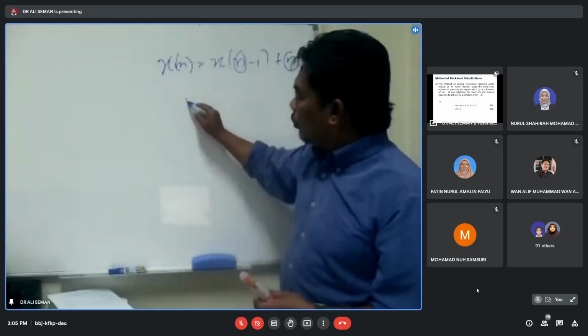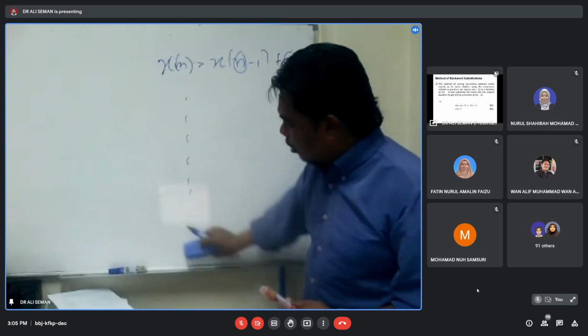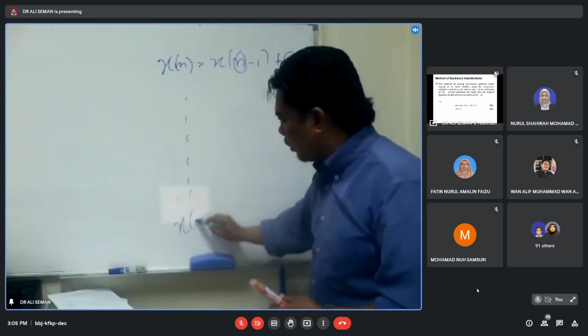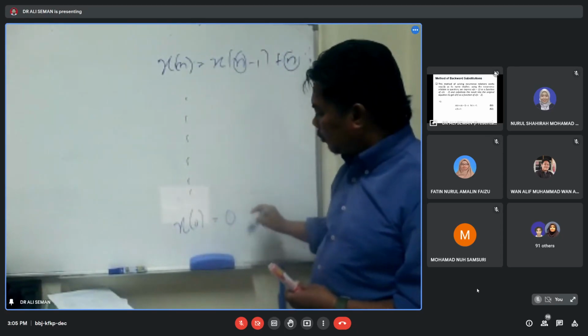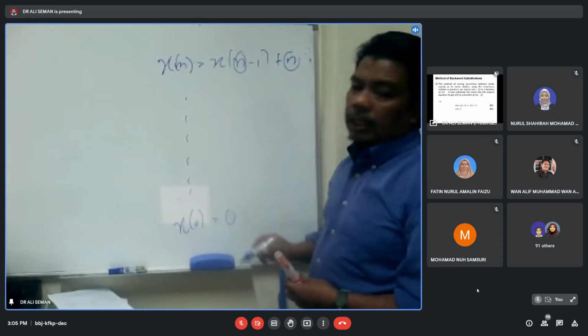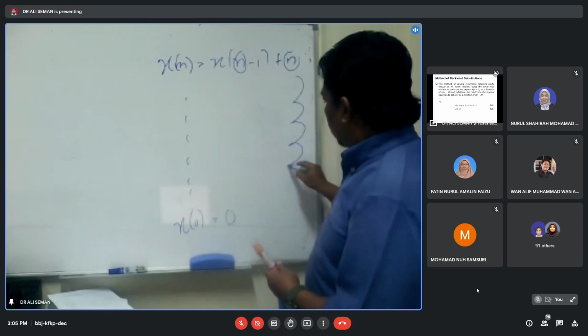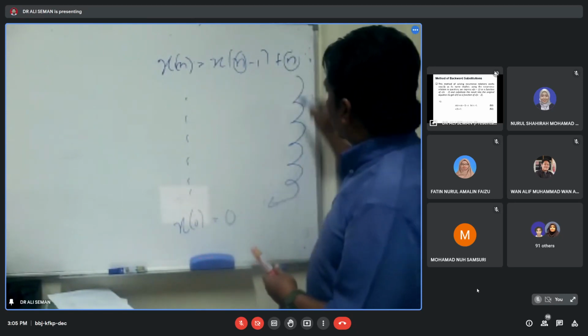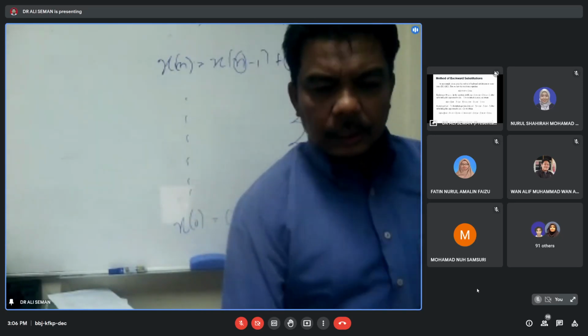And the stopping here, when we write until x of 0, it means when n equals 0, you stop and return the value 0. Okay, that is the idea. So we need to recur here until we stop here. That's the recurrent.